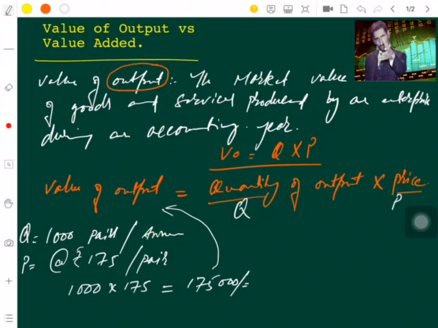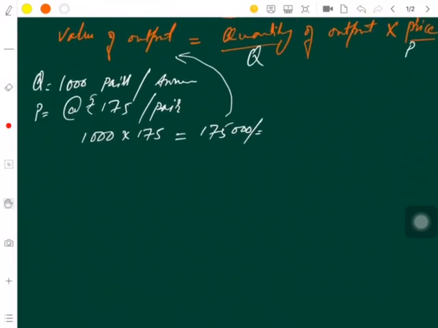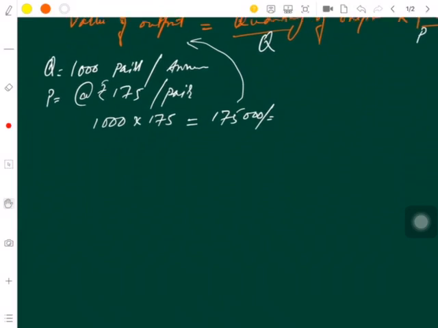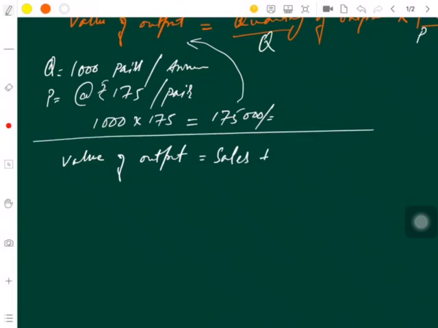Alternatively, we can say that value of output is equal to sales plus change in stock. Whatsoever is produced annually, it is not obvious that all will be sold. Some is accumulated as well.